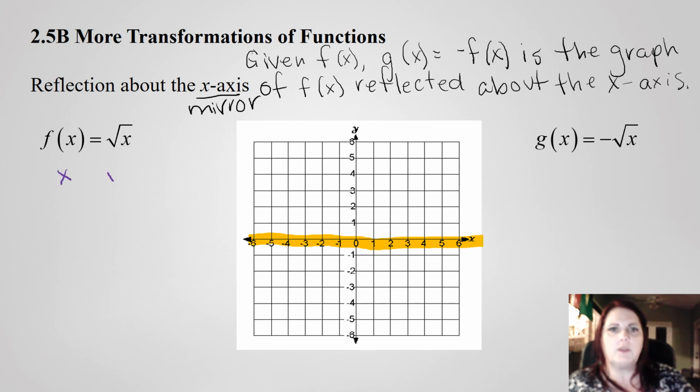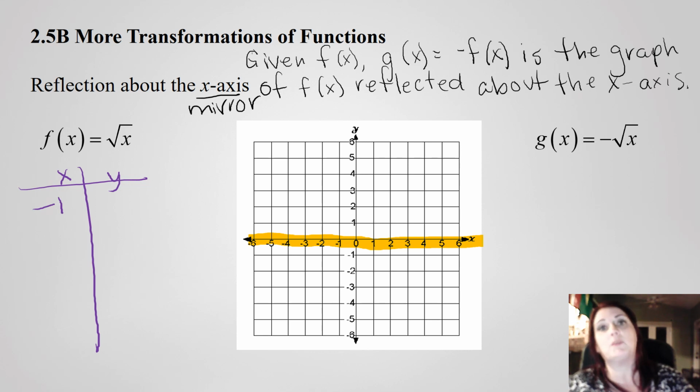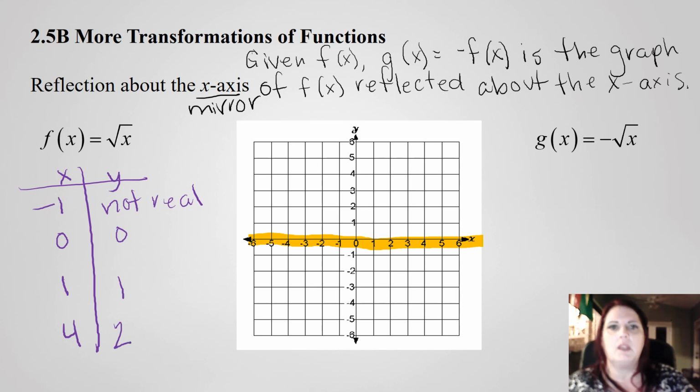We can't have any negative numbers because the square root of any negative number is not real, so we do not graph those. Let's go with 0, 1, and 4 because those are perfect squares. The square root of 0 is 0, square root of 1 is 1, and the square root of 4 is 2. Let's graph that.